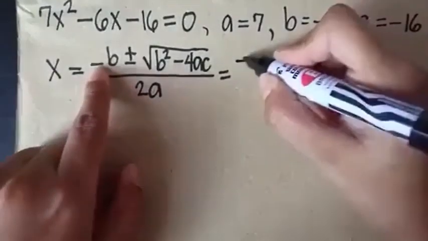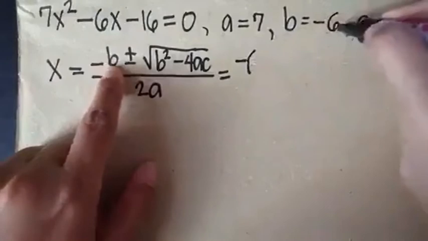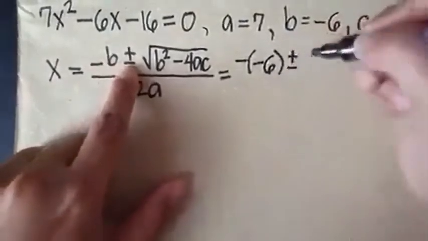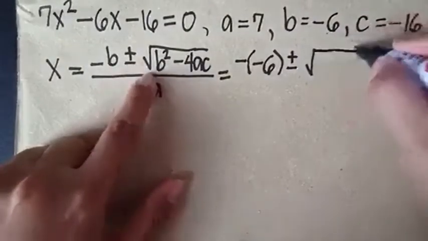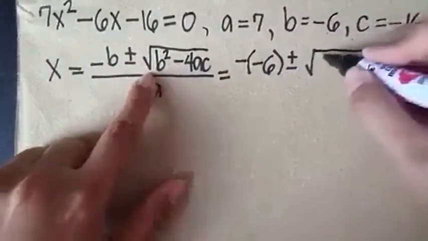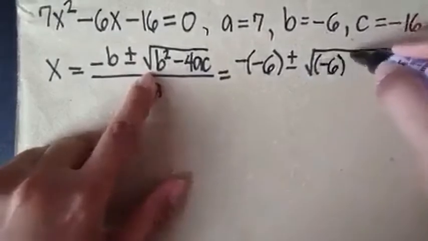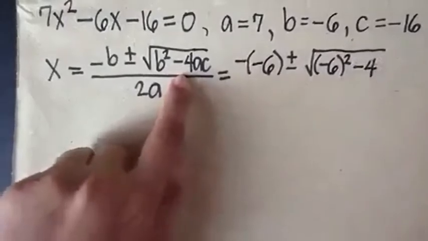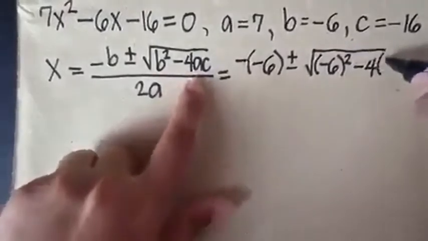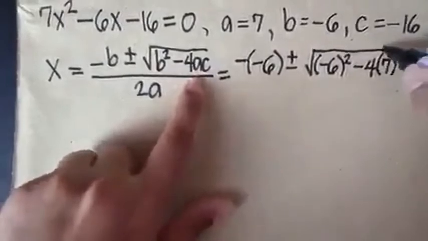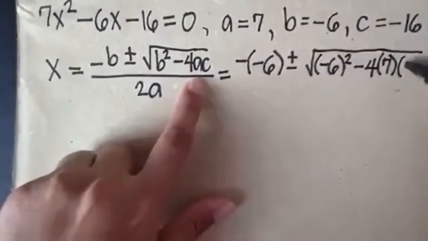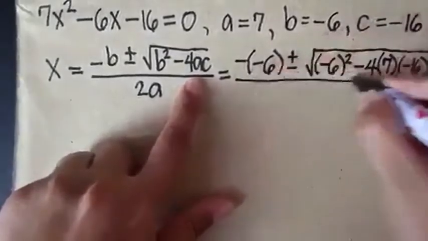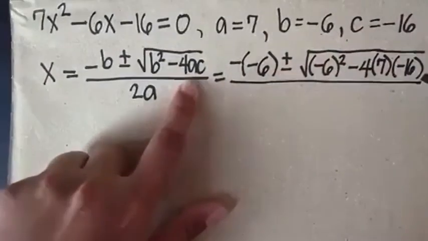Copy natin yung negative, palitan natin si b ng negative 6. Copy plus and minus sign. Then square root of b squared, so ang b natin is negative 6 squared, minus 4. Copy minus 4. Then palitan ulit natin si a ng 7 at si c ng negative 16. Then divide all of them by 2a.